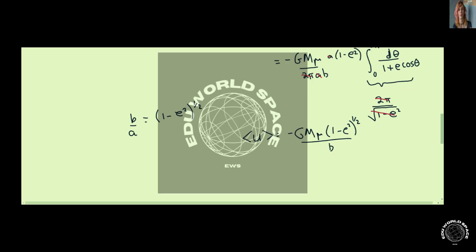So A is essentially B divided by that square root quantity. And we see that that is exactly what we have in there. So the time averaged potential energy is simply the potential energy the two objects, the two masses, have when they are separated by the semi-major axis.